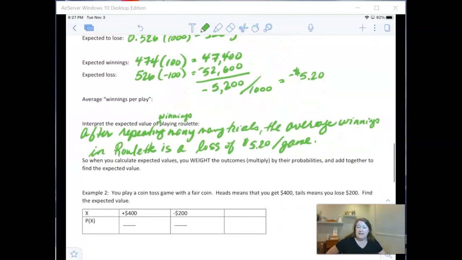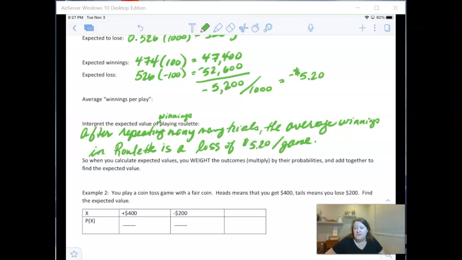Okay, so I want to include that idea that this is a long-term average. If I did this many, many times, then I'd end up losing about $5.20. Now, I could also say my average winnings is negative $5.20. Just don't say that you're losing negative, because then you've got the double negative thing going on.